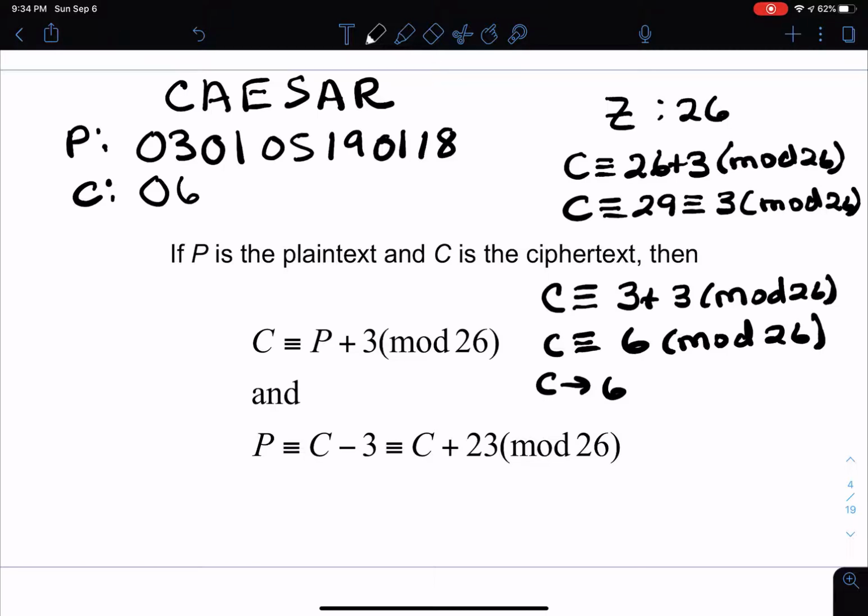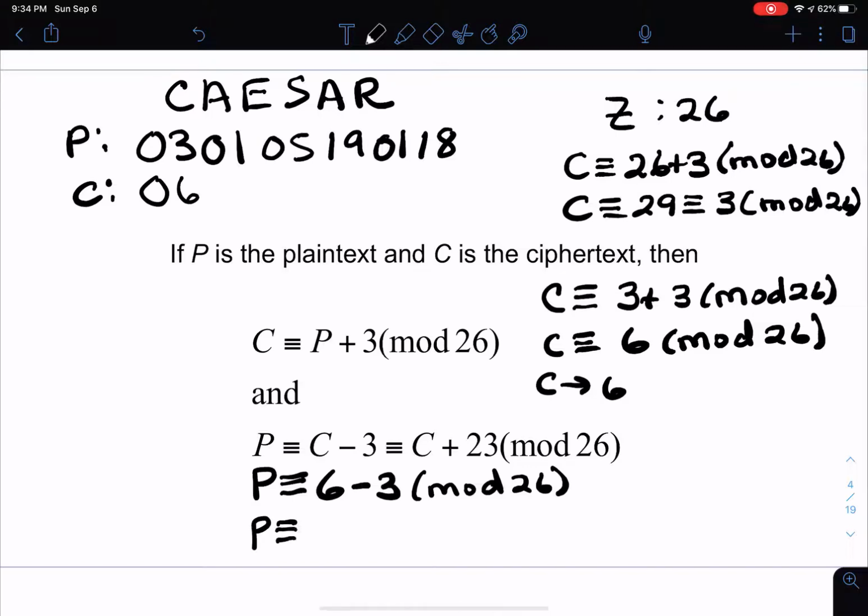Now if you want to go the other direction, if you want to take the ciphertext and take it back to plain text, you could use the second congruence. P is congruent to 6 minus 3 mod 26. That would be one way to do it. Or you could do P is congruent to 6 plus 23 mod 26.